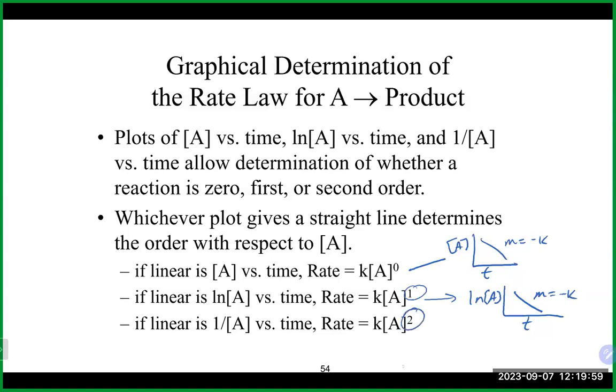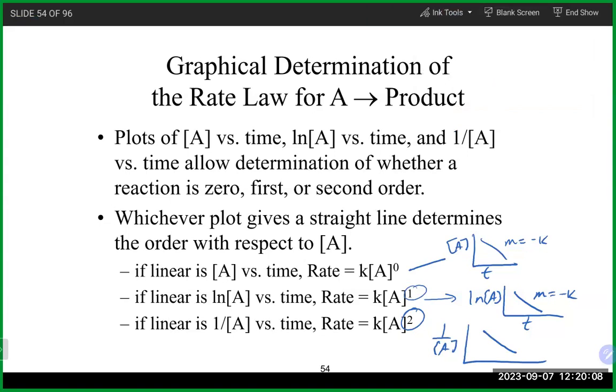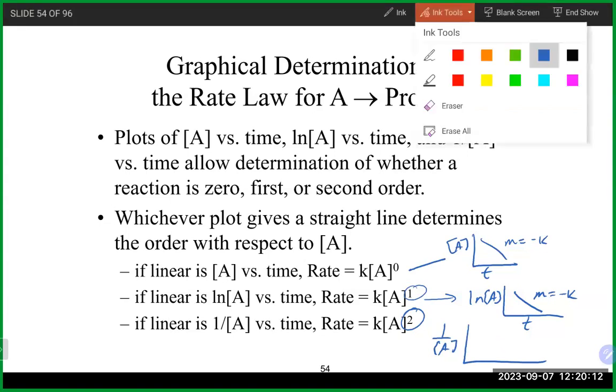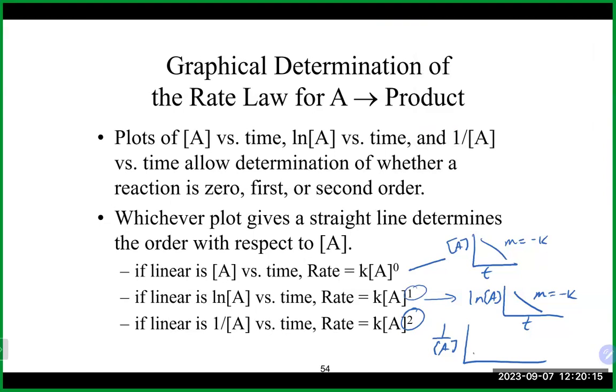And if it's second order, that would be our 1 over A versus time, giving us a positively sloping line going in the other direction, where the slope is equal to k.